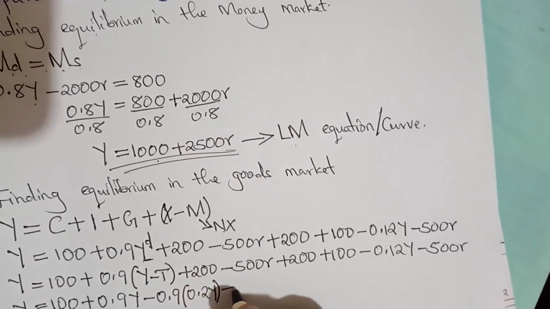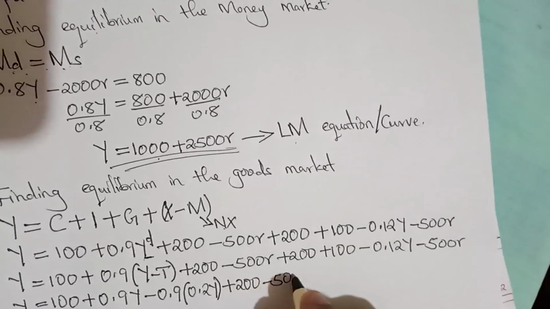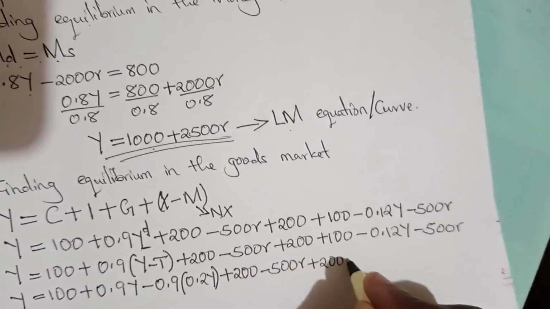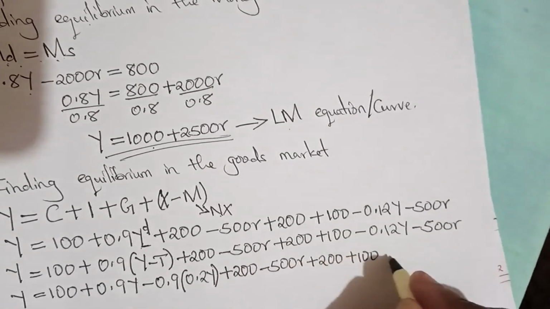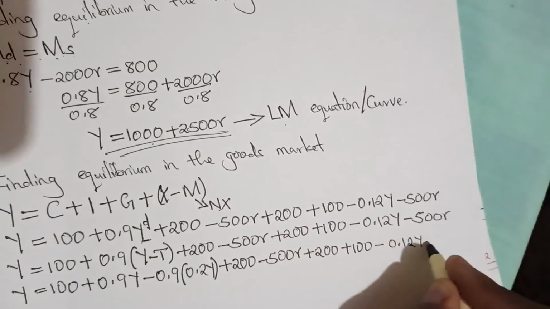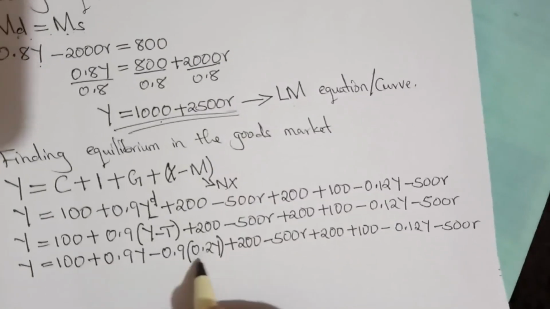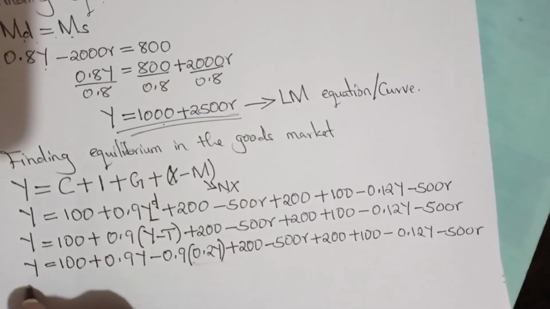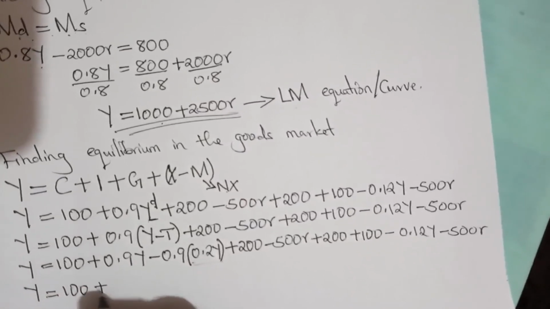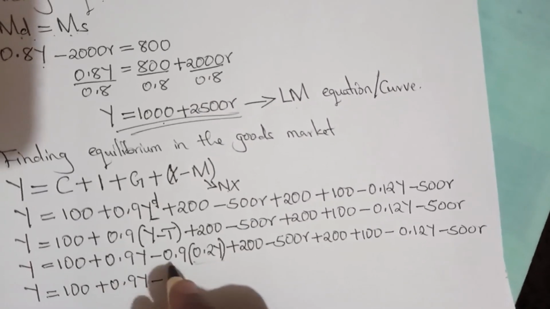Close the bracket, plus 200 minus 500R plus 200 plus 100 minus 0.12Y minus 500R. We still have a bracket here to open, so Y is equal to 100 plus 0.9Y minus 0.9.